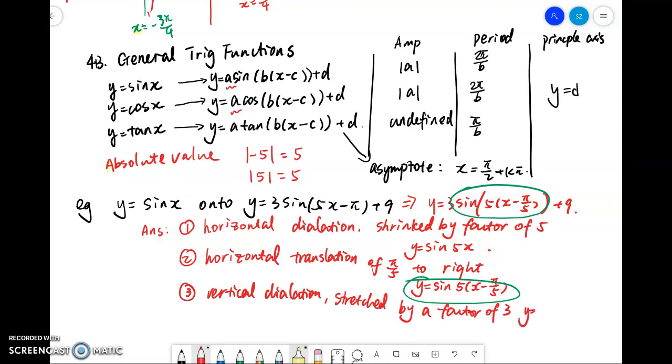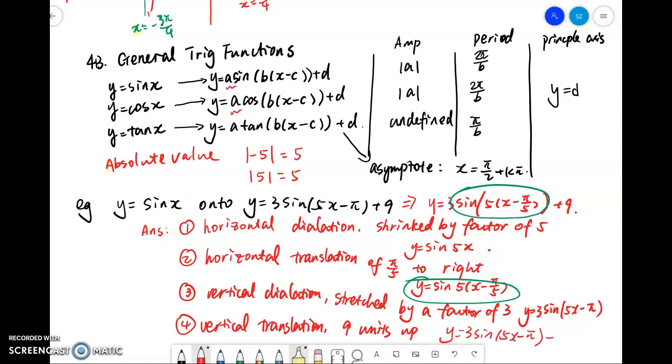And that becomes y is 3 sine 5x take pi. Okay, last step, vertical translation, 9 units up, and then it will be y is 3 sine 5x take pi plus 9.